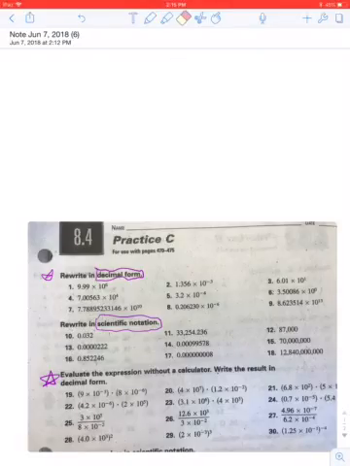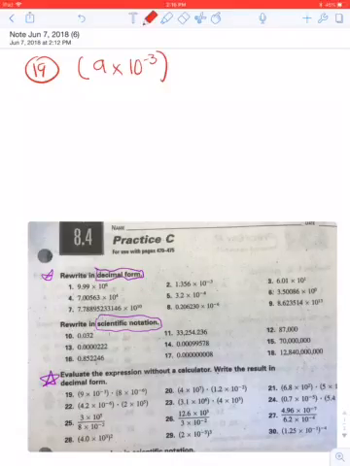Okay, on to the more complex. Let's go down to 19. So for 19, this is where a whiteboard is going to be extremely, extremely helpful. We have 9 times 10 to the negative 3rd times 8 times 10 to the negative 6th.